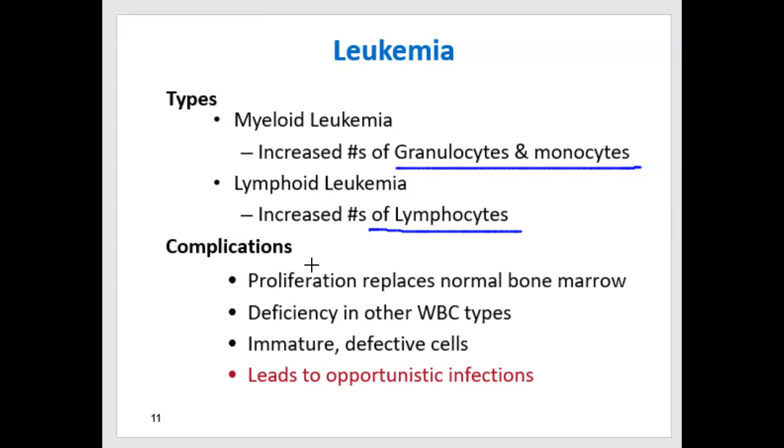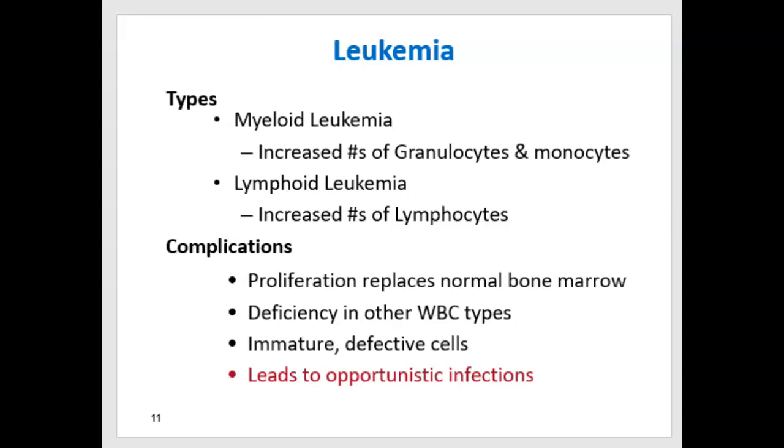The other thing is that these cells are typically cancerous, and so they are either immature or defective. This leads to opportunistic infections. So if you're deficient in normal white blood cells, you can't fight infection. And if you're deficient in certain types of white blood cells, there are certain kinds of infection that you can't fight against.